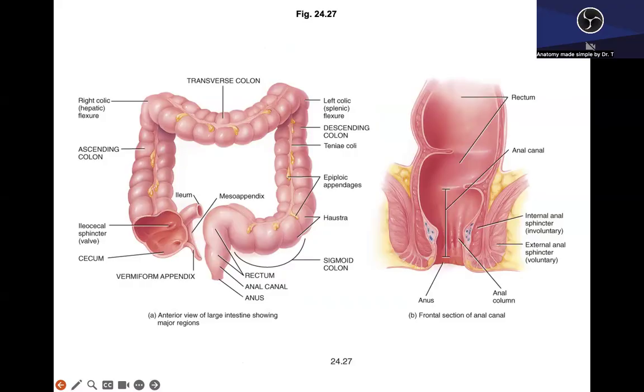One of the most important things inside the large intestine is bacterial flora. So we're talking about 700-ish different species of bacteria, and they are non-pathogenic, so we really should not have any fear of them.